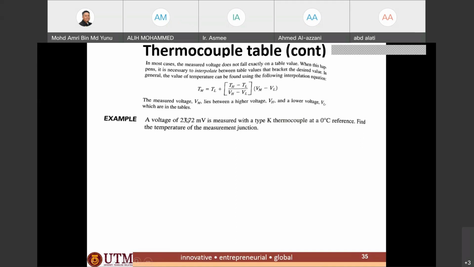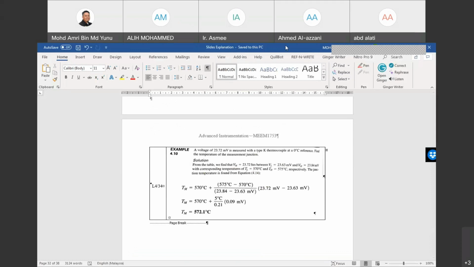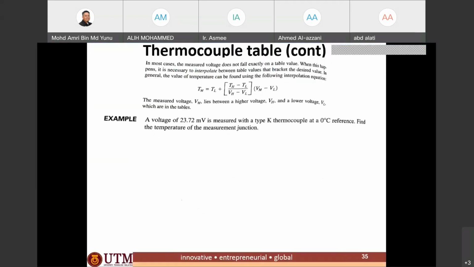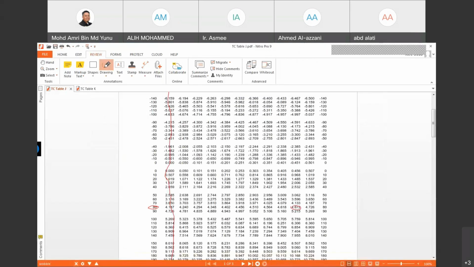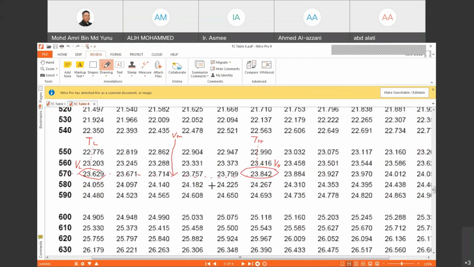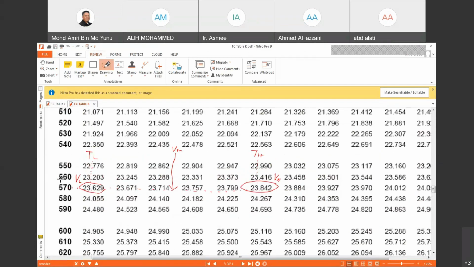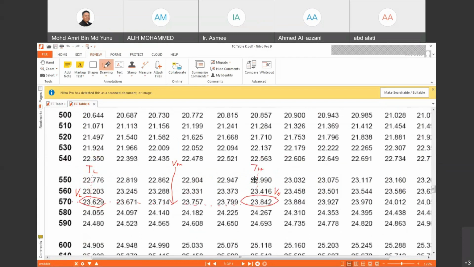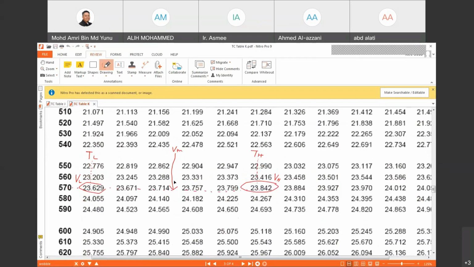So we have our measured voltage here, 23.72 millivolt for type K. We look at table K. The measured value 23.72 millivolt is somewhere here, as I mark. So that is VM.